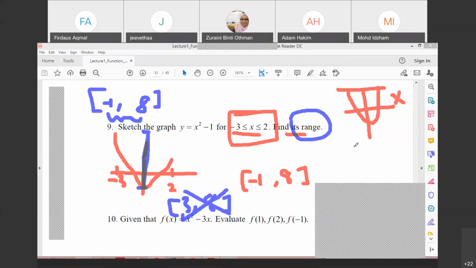Kalau curly bracket, kalau kita buat macam ni, negatif 1 sampai 8, maksudnya kita kata range dia negatif 1 dan 8 saja. Dia tak ada in between. Kalau dia open interval macam ni, square bracket ni maksudnya there is number between that. Is it okay, Baran?